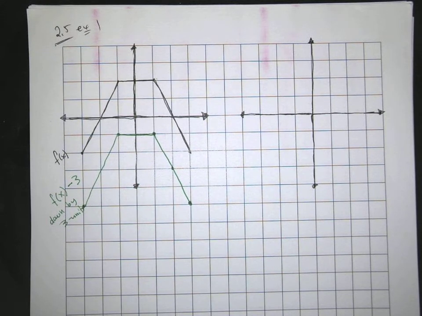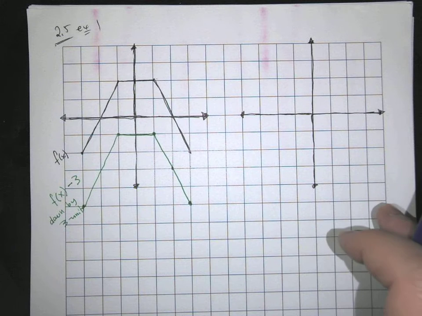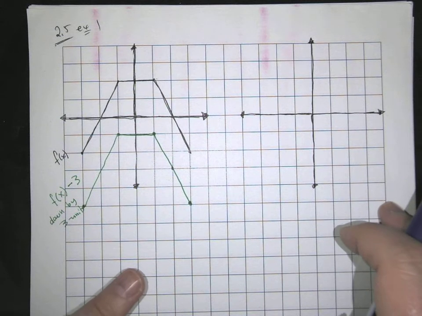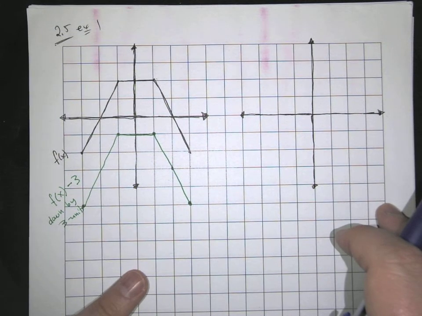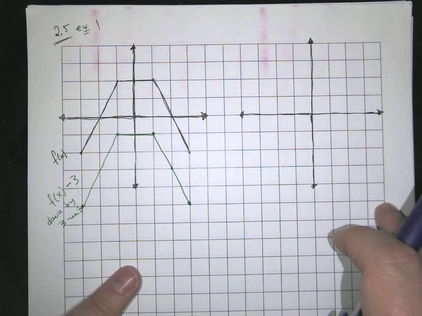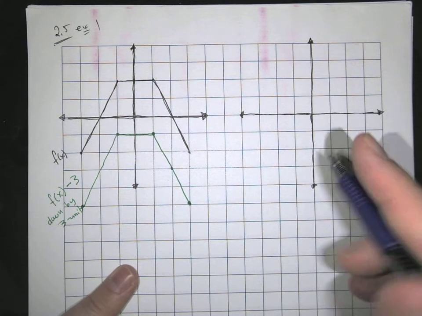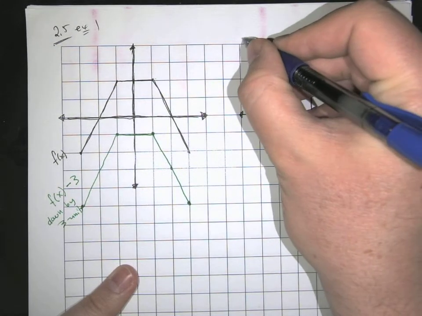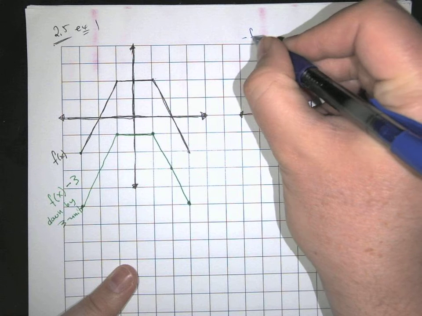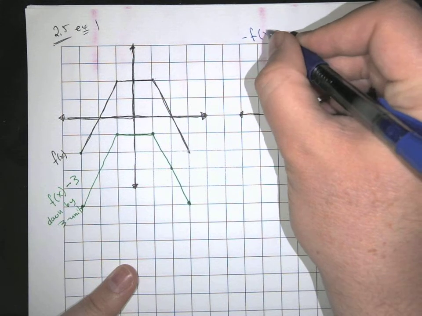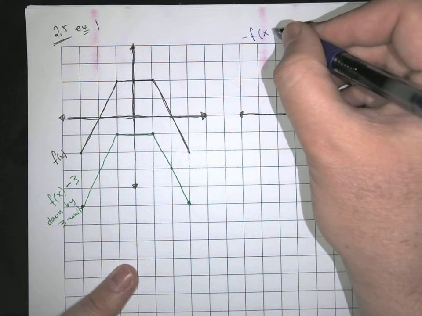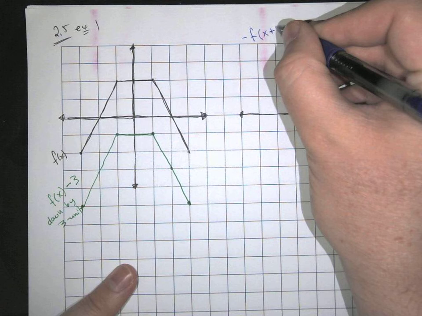Let's do a second shift, and let's actually combine 2 of these things together. So how about, what should we do? Let's do the negative version of f of x plus 2.